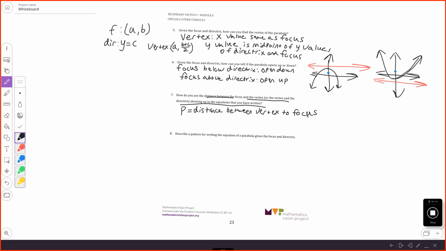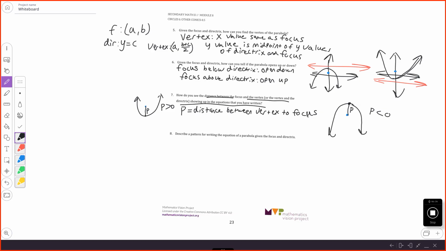So if this is my parabola, there's my vertex, there's the focus, then this is P. In this case, P is greater than 0. If my parabola opens down, there's my vertex, there's my focus, there's my P. In this case, P is less than 0.